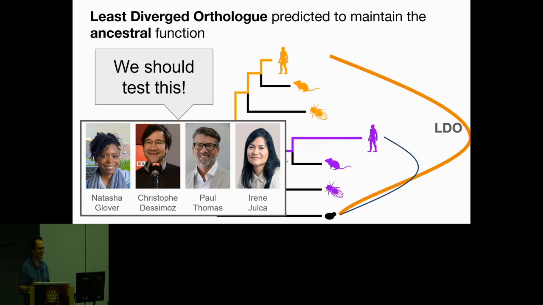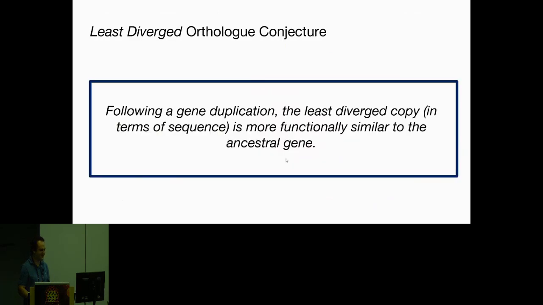So we set out to test this. Similar to the ortholog conjecture, we wanted to define this in some formal-ish way. And so we came up with the notion of the least diverged ortholog conjecture: following this gene duplication, we think that the least diverged copy in terms of sequence is more functionally similar to the ancestral gene.